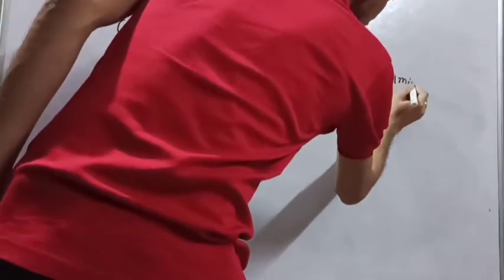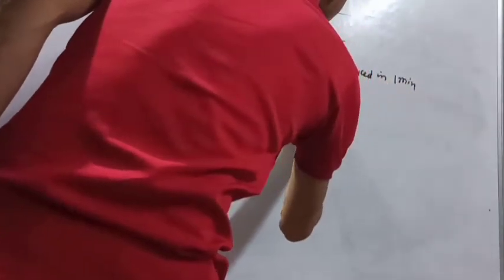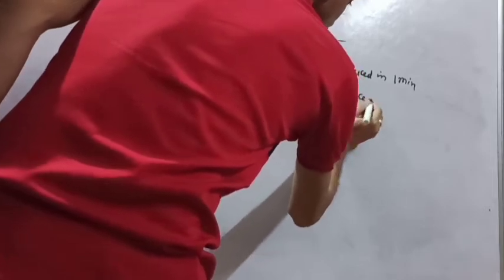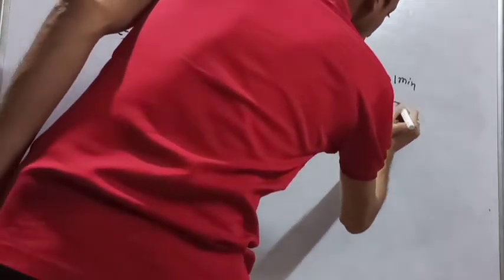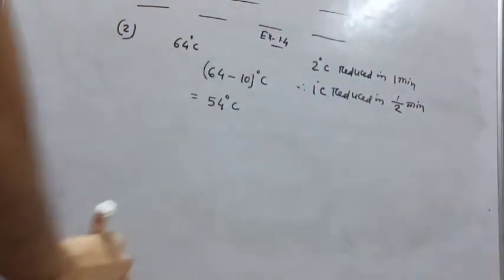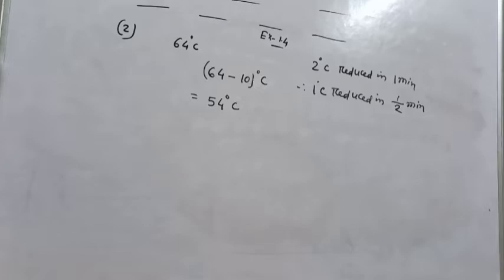Per minute means 1 minute. Therefore, 1 degree Celsius reduced in half a minute.